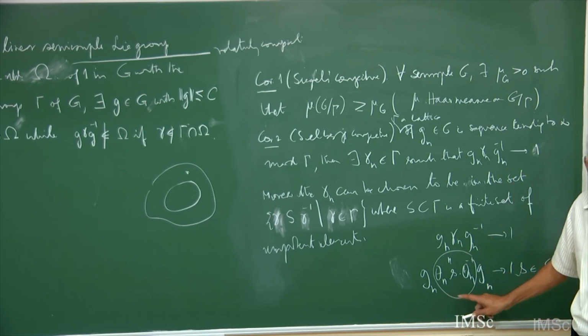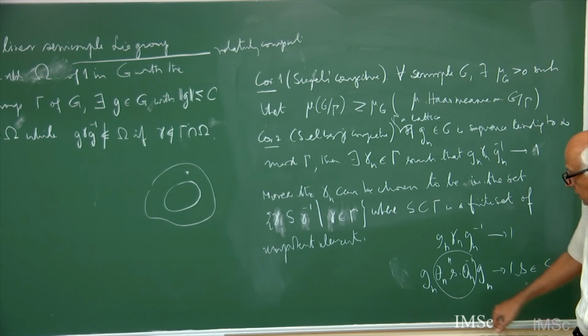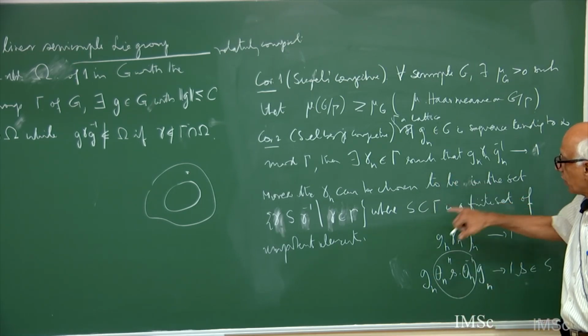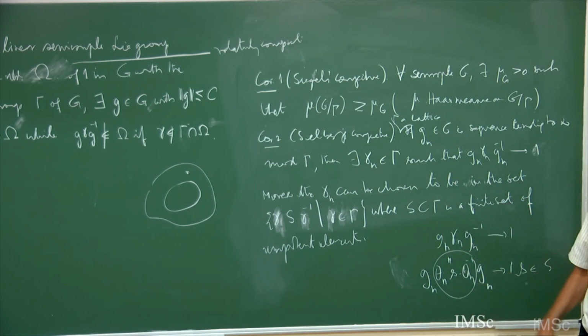So gamma_n is therefore unipotent. Gamma_n is after all a conjugate of S. So there is a sequence of unipotents. In particular, if G mod gamma is non-compact, gamma contains non-trivial unipotents.